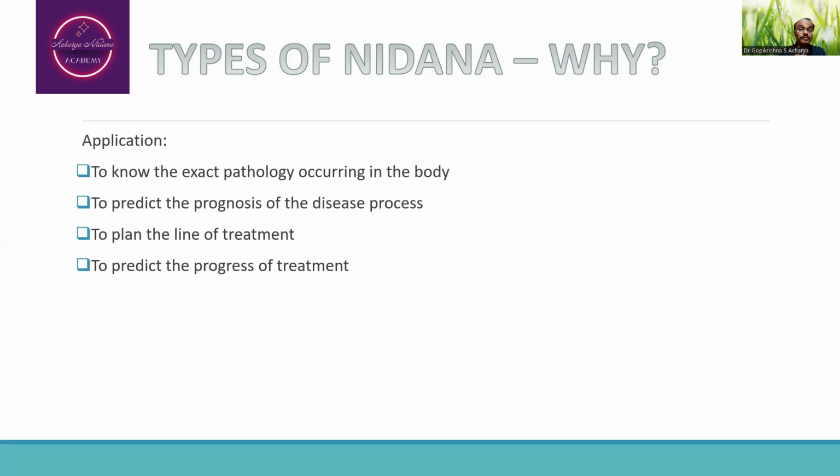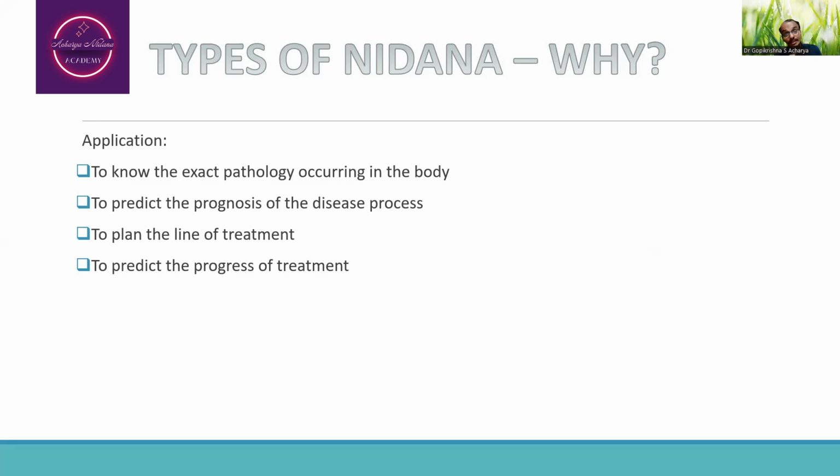Otherwise, if the virulence of the pathogen is severe and very potent, the prognosis of the disease will be comparatively poor. That is the reason knowing the type of the Nidana helps you know how far the disease is curable or incurable.